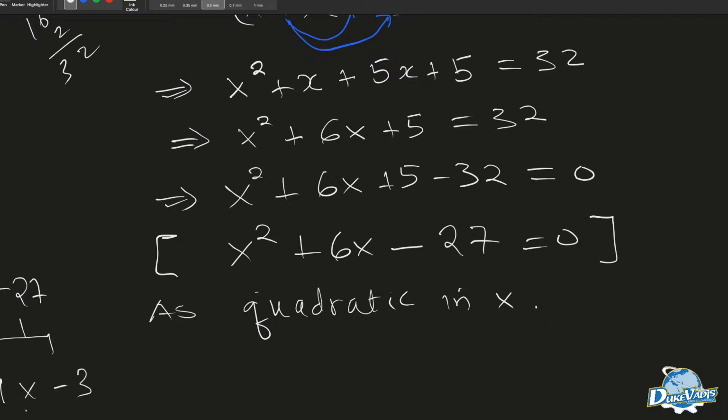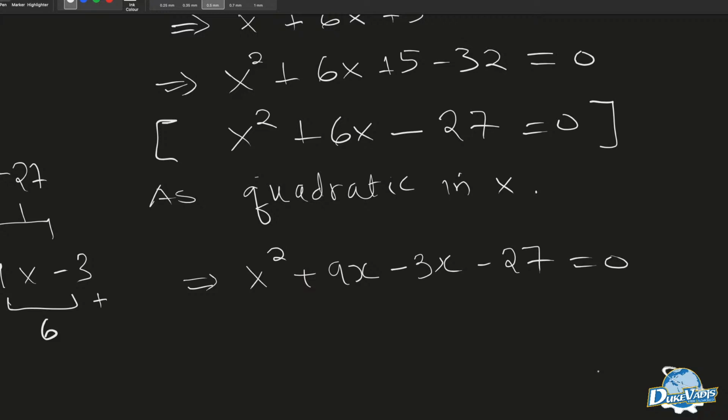When I add these together, I get 6. So this implies that x squared plus 9x minus 3x minus 27 is equal to 0. It's a quadratic.